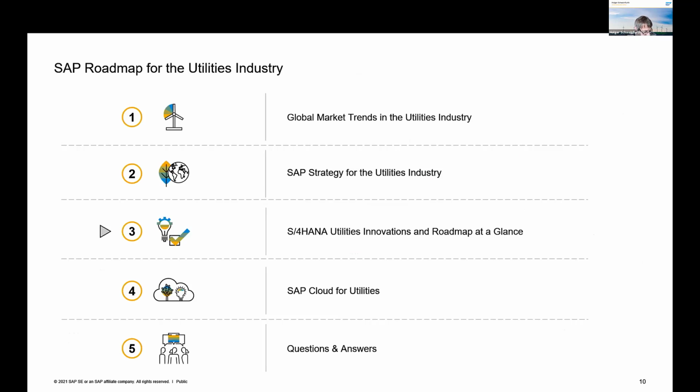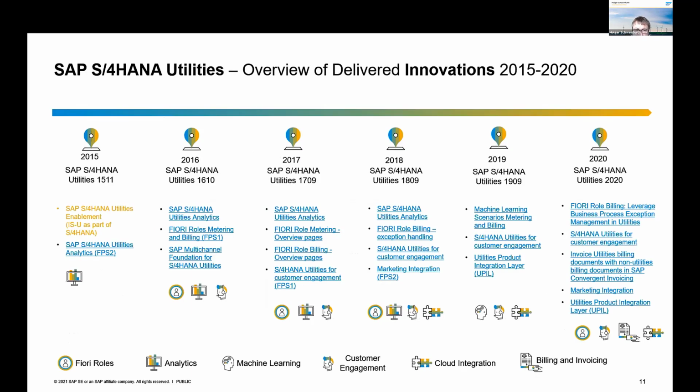Let's focus a little bit on the topic of S/4HANA utilities, the innovations and roadmap at a glance. This is a slide that I created some time ago, but I think it really reflects and provides a little bit more detailed information about what we have brought to the market over the course of years.